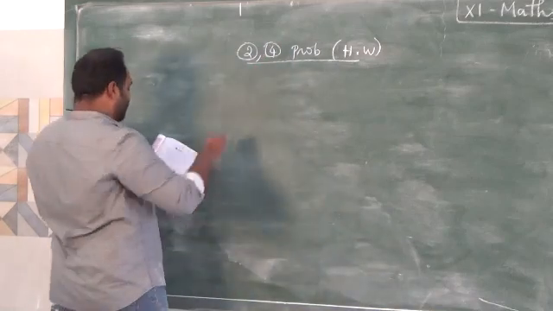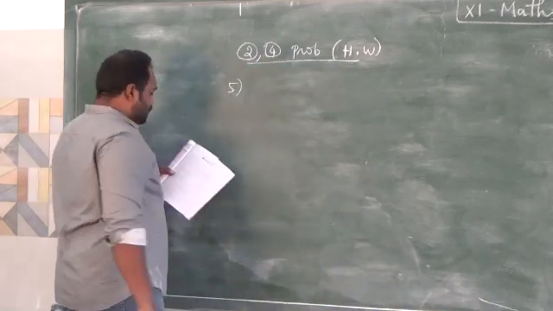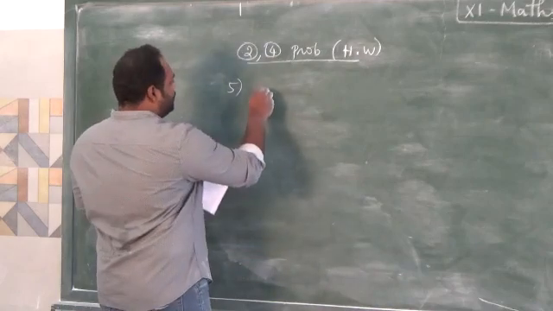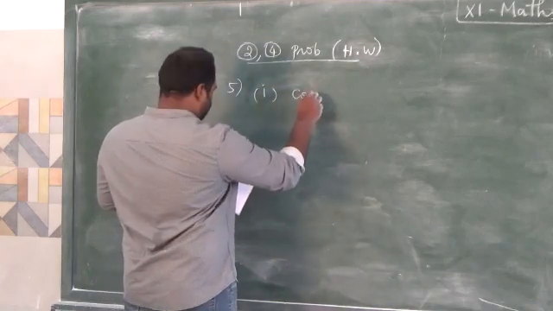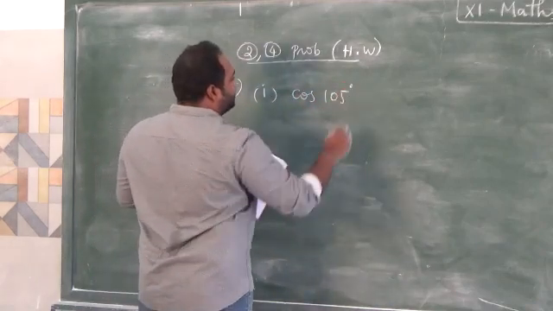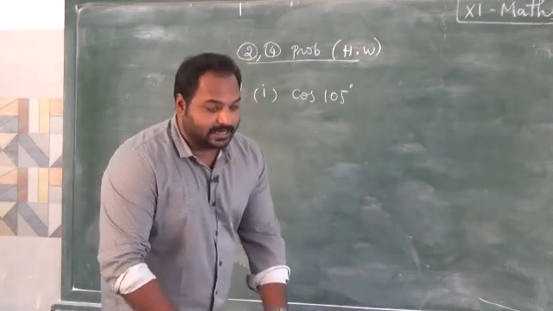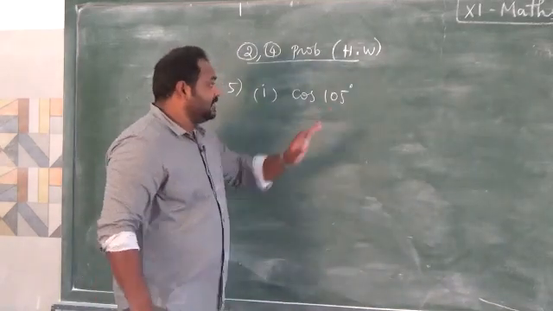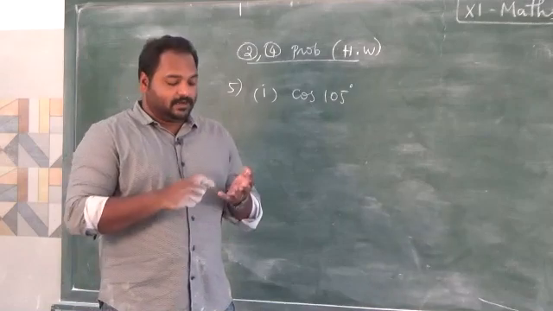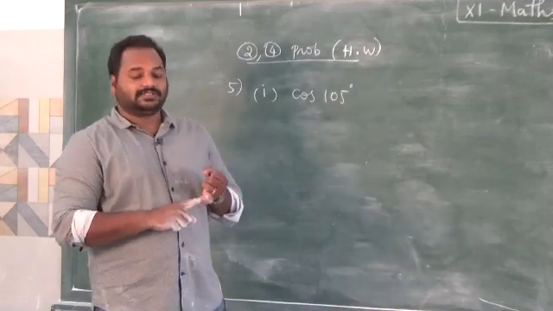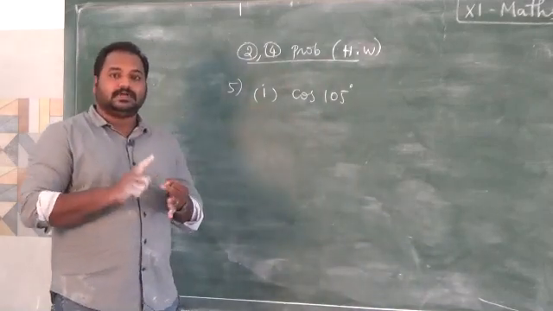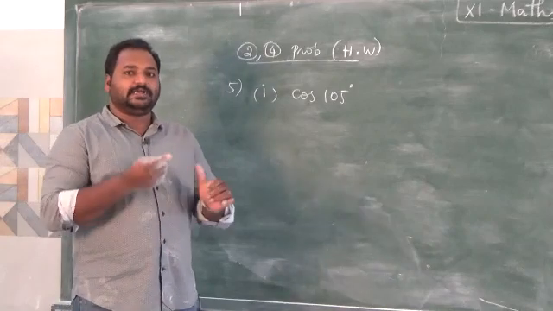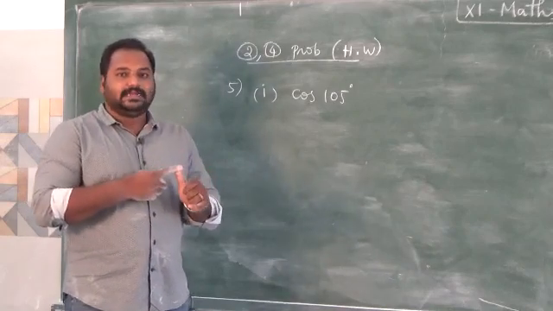Next, problem number 5. Find the values of the first one, cos 105 degree. Sir, I know the values for cos 0 degree, cos 30 degree, cos 45 degree, cos 60 degree and cos 90 degree. More than 90 degree I don't know how to find.